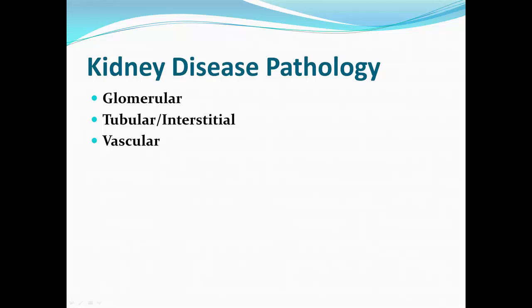So let's turn our attention then to some kidney pathologies. We're going to talk about glomerular and tubular interstitial. The piece with vascular is that there can be a vasculitis within the vessels of the kidney, usually the glomerular vessels, and you would see that in inflammatory markers.